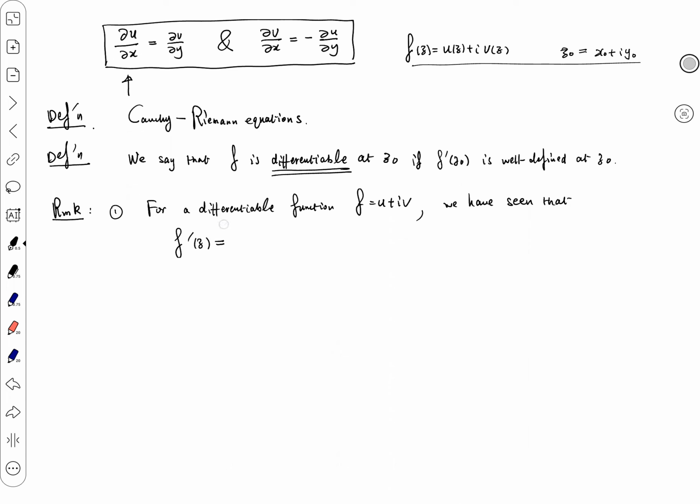Using approach 1, this is partial u partial x plus i partial v partial x. That tells you how you can compute the derivative, right? You just compute as how you compute the derivative of real functions, and then you use this formula. But also use approach 2. This also equals partial v partial y minus i partial u partial y, yeah, both on y. And so this is again a necessary condition.